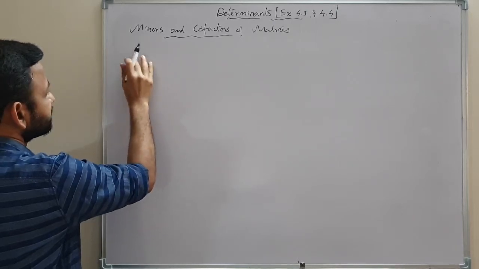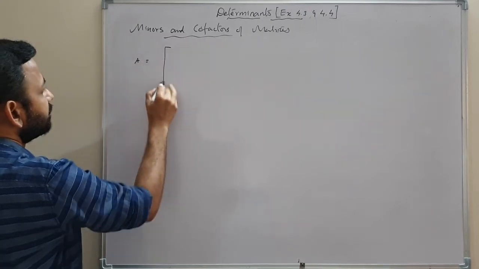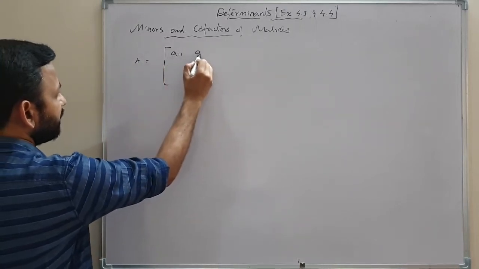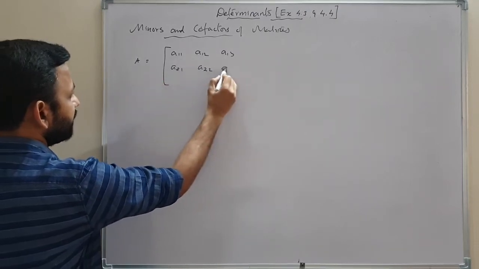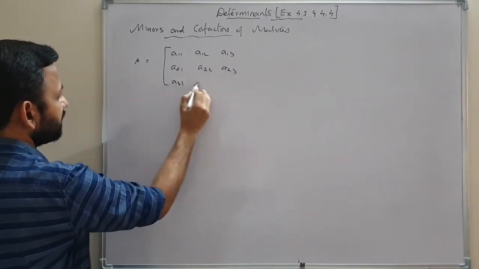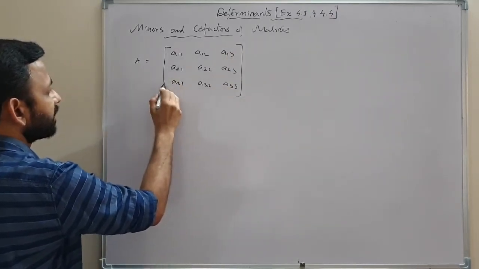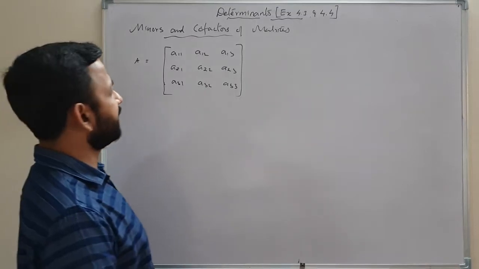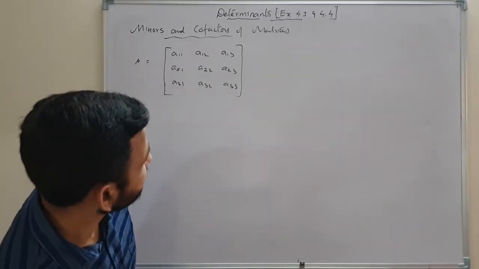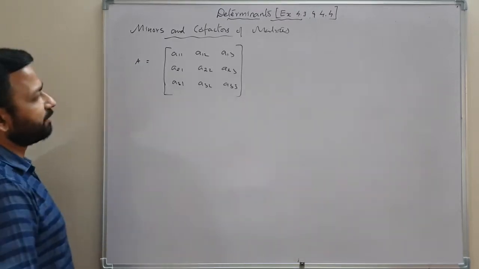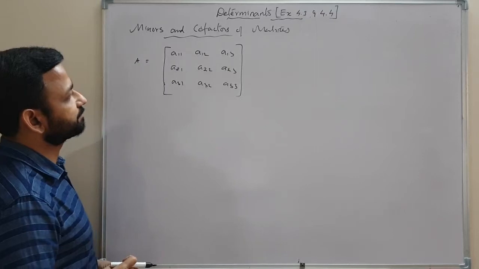Suppose A is a square matrix with elements A11, A12, A13, A21, A22, A23, A31, A32, A33. Then we need to find the minor and cofactor of the matrix. So we can find a minor of any element of this matrix.